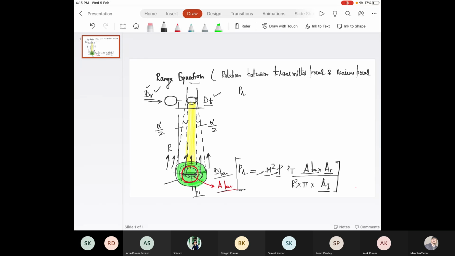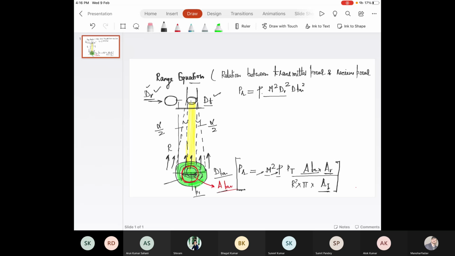So the power received at the receiver is equal to reflectance multiplied by the square of atmospheric transmittance, and then the receiver, it's the square of diameter of receiver into square of diameter of target.